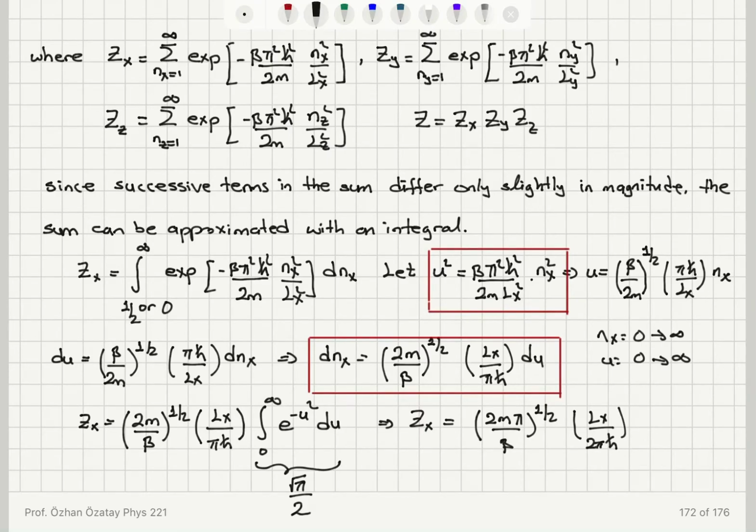And I'm going to call this 2m pi to the power 1/2 together with 2 pi h bar a constant b, so this is just a constant b, times Lx divided by beta to the power 1/2, where I have defined b, this constant, to be 2m pi to the power 1/2 divided by 2 pi h bar.